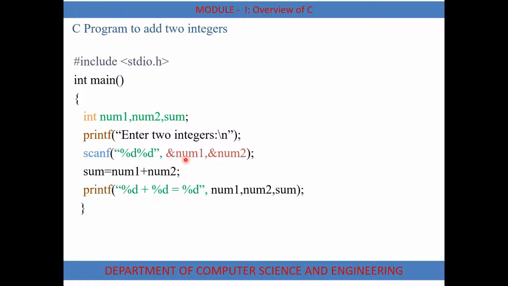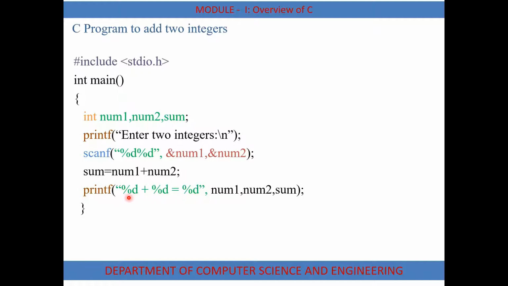Now after reading the two integers from the user, add those two integers, that is num1 plus num2. The final result is stored in the variable sum. Finally display the output, that is printf "%d plus %d is equal to %d".